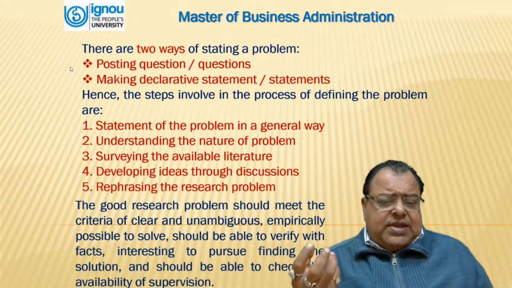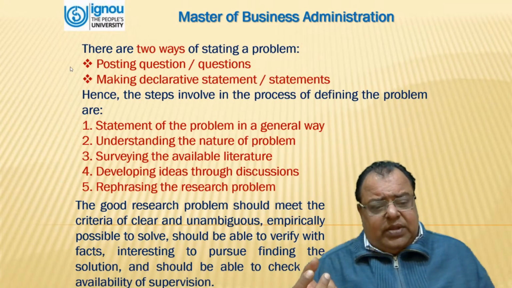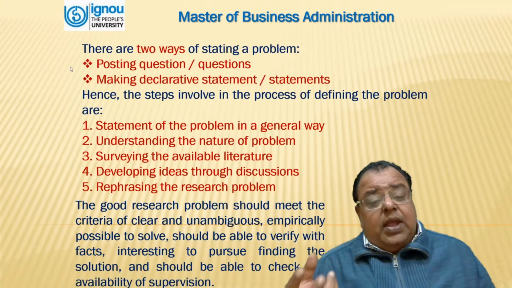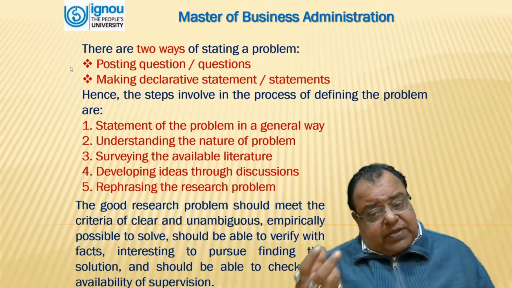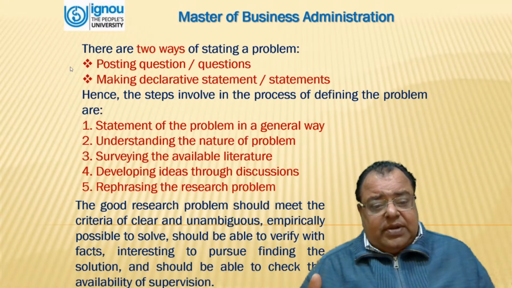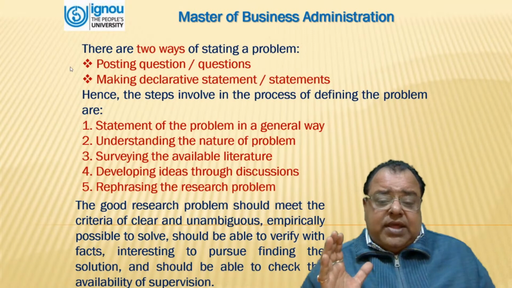Hence, the steps involved in the process of defining the problem are: statement of the problem in a general way, understanding the nature of the problem, surveying the available literature, developing ideas through discussions, rephrasing the research problem.